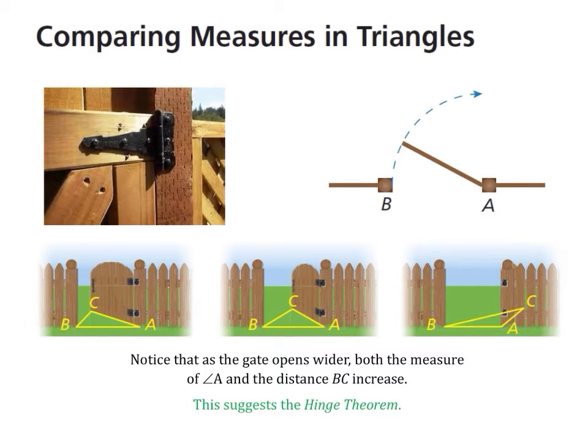All right, let's start by thinking about a visual. When we compare measures in triangles, think of a hinge on a gate, as seen in this image here, a real-life hinge.